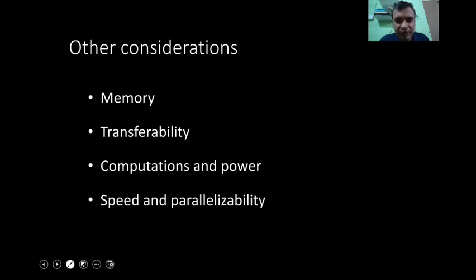Can we repurpose it very quickly? How much computation or power does it require? Can it run on an edge device, for example, or do you always have to ping a server? How much server price do you have to pay for each ping, etc.? And then speed and parallelizability. Some types of machine learning frameworks are more amenable to speed. Some are more amenable to parallelization.